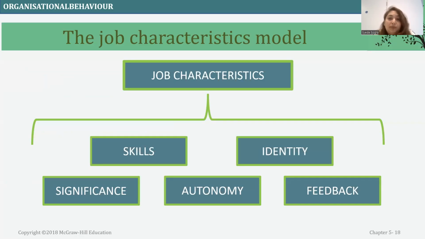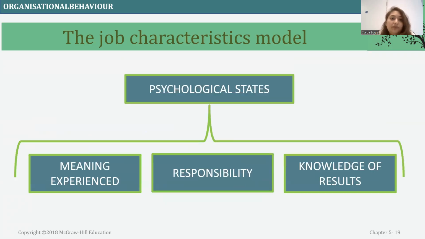If you look into the job characteristics model, there are certain characteristics that need to be met. Definitely the skill set, the identity of the job, the significance of the role, the autonomy of the employee, and the feedback process of that job. If you look into the psychological states, these mean experienced meaningfulness, experienced responsibility, and knowledge of results.